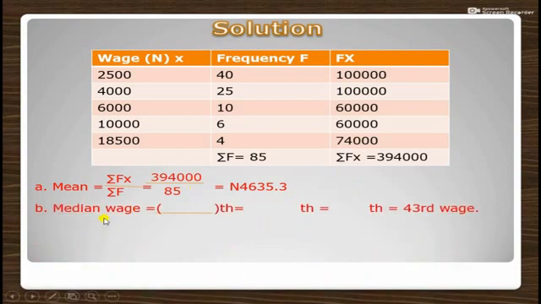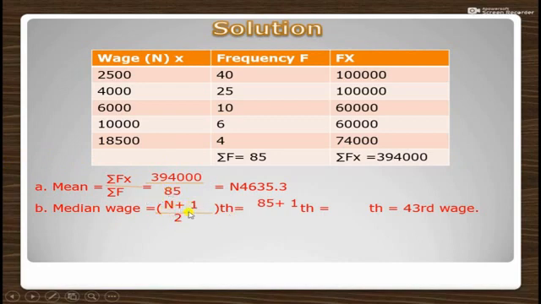Then the next question is the median wage. Remember the formula for median, where we say we have n plus 1 all over 2. That is the member of this figure.